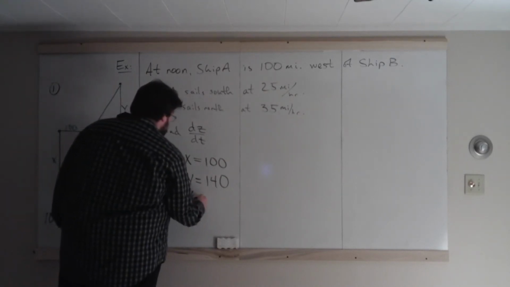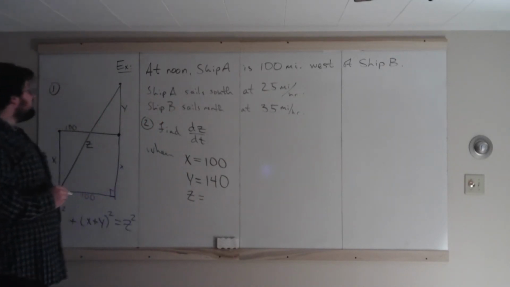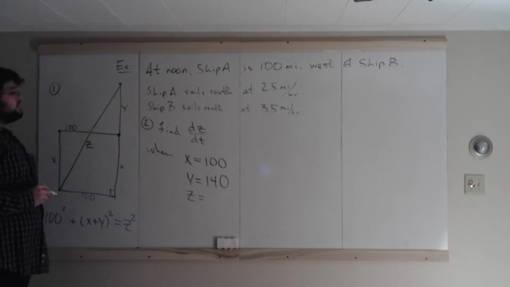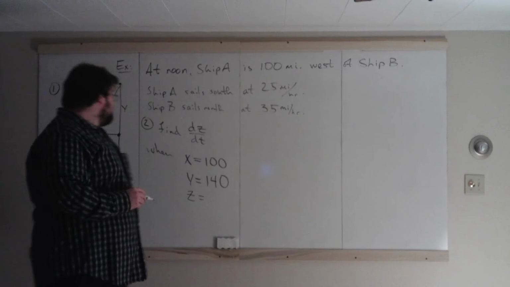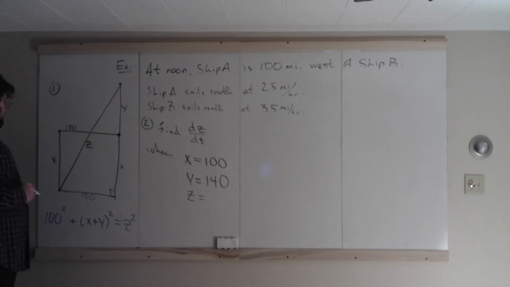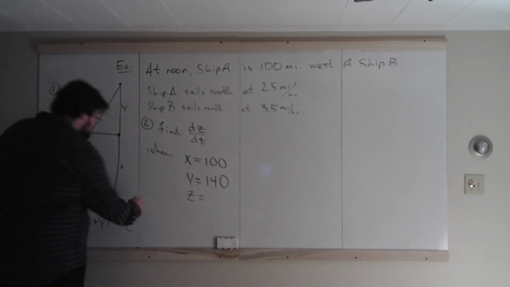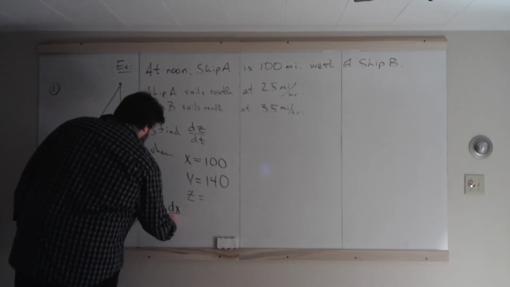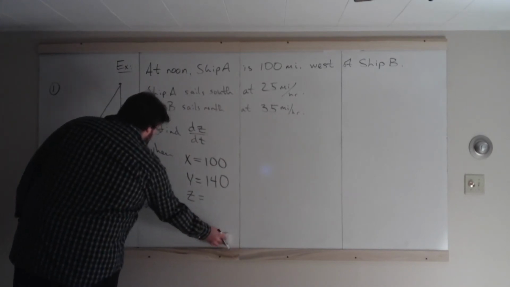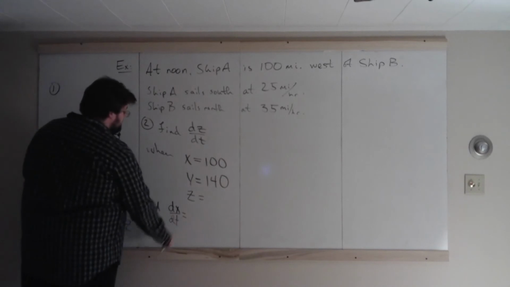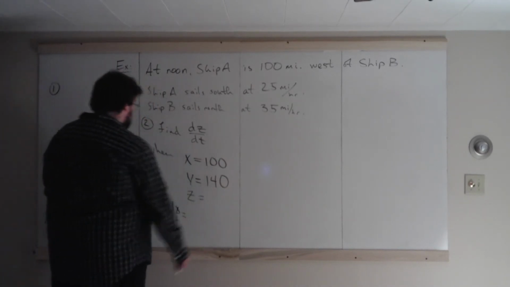We're also going to find z. I'm going to leave that blank for now until we interpret the rates. And then I'll go over and find z over here. So when x is 100, y is 140, z is something else, and dx dt. Remember x and y and z are all changing as time is changing, so we're going to need how x is changing and how y is changing.